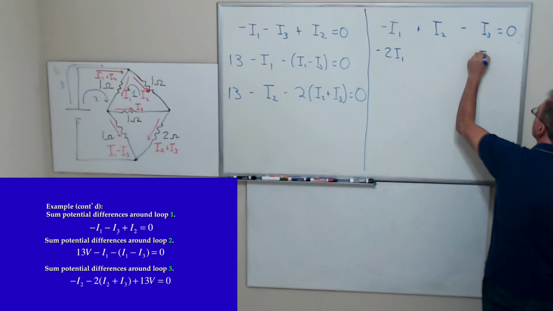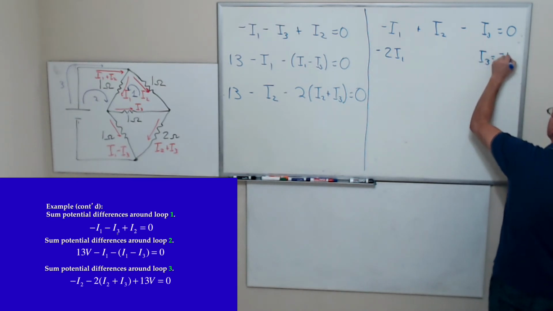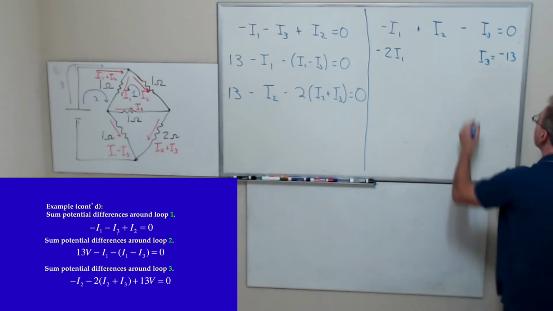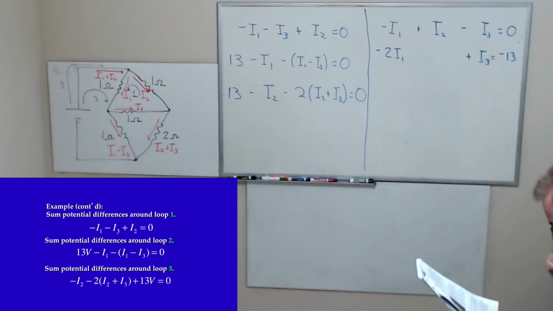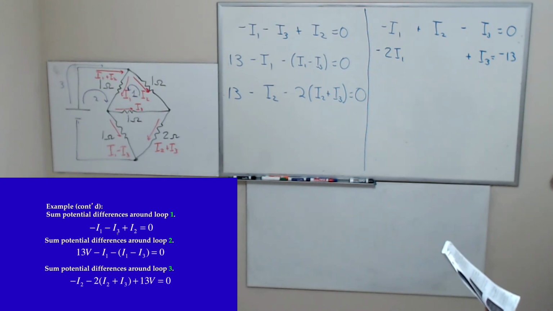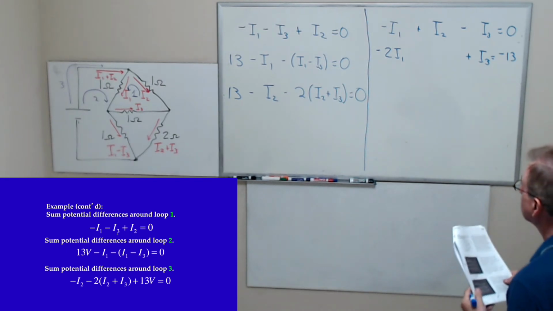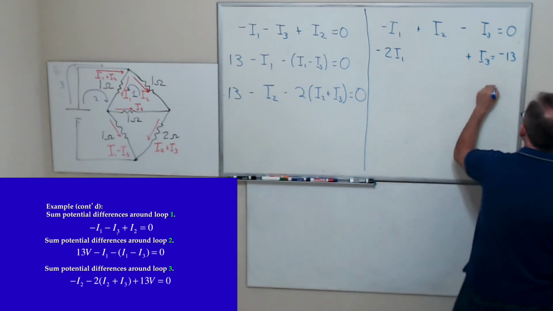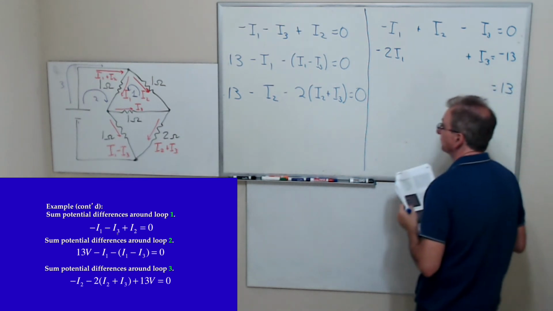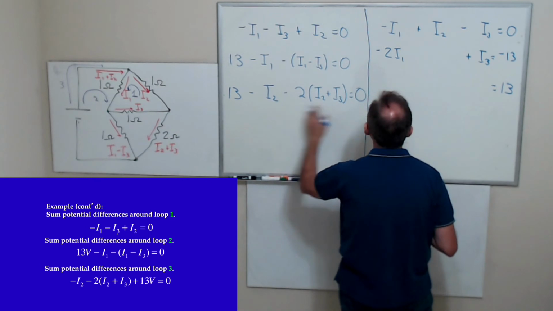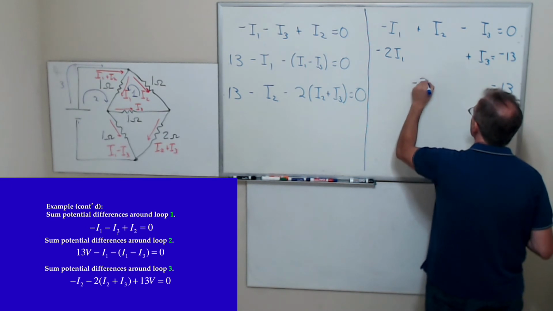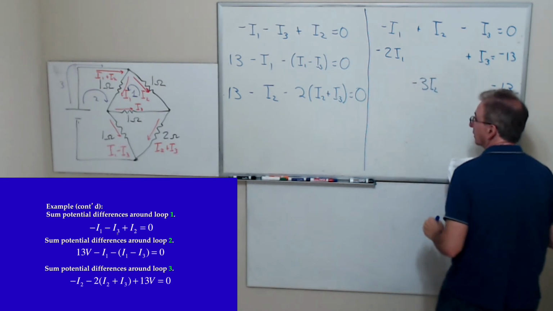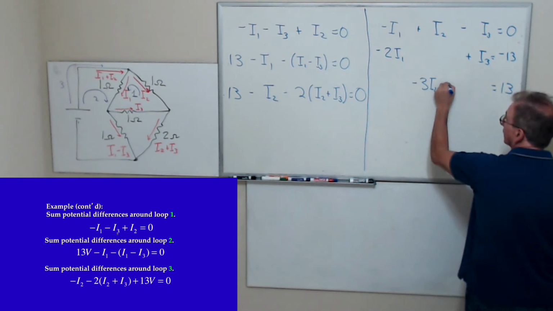There's an I3 here. And I'm going to put the I3 on the other side. Is that okay? And then the third equation, I'm going to put the I3 on the other side. And let's see, there's no I1 term, but there's 3 minus 3I2. And then minus.